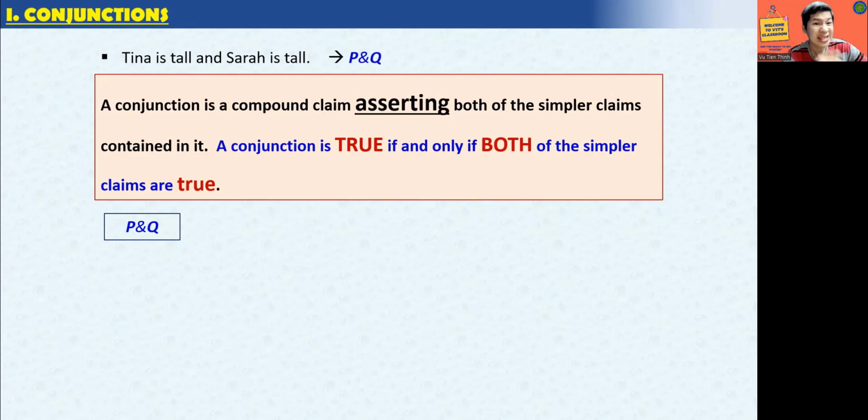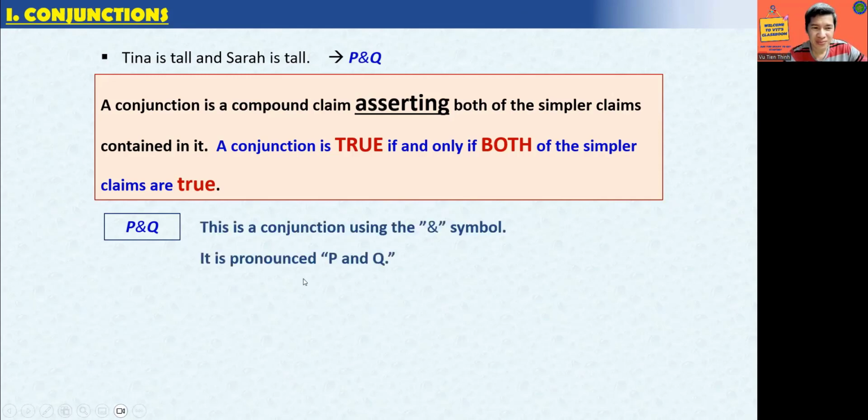Then the conjunction is true, remember, if and only if both of the claims are true. It means only when P is true, Q is true, and P and Q is true. That's the value. So when you write this symbol, and when you pronounce, you say P and Q.